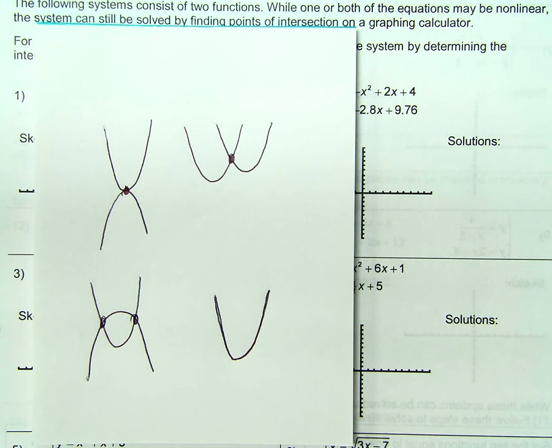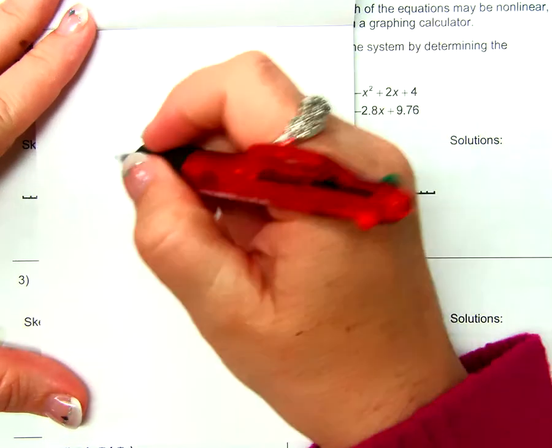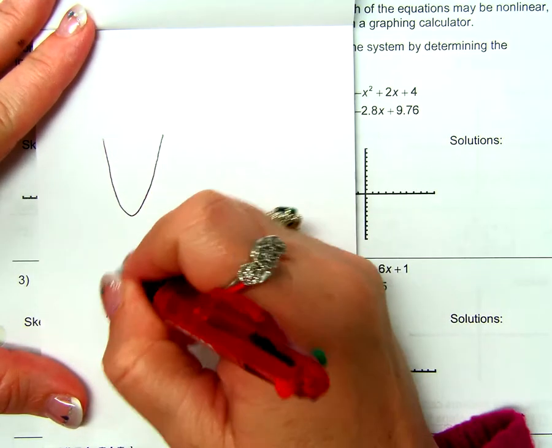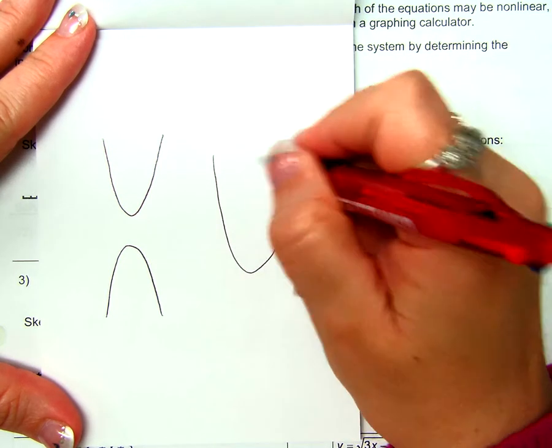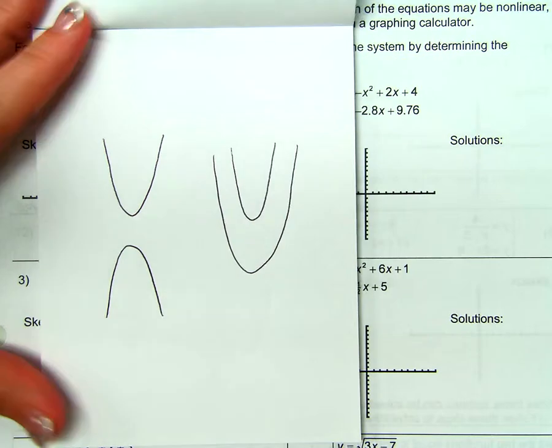Could you have no solutions? Could we draw 2 parabolas in such a way that they would not touch? Like that? Or even like that?